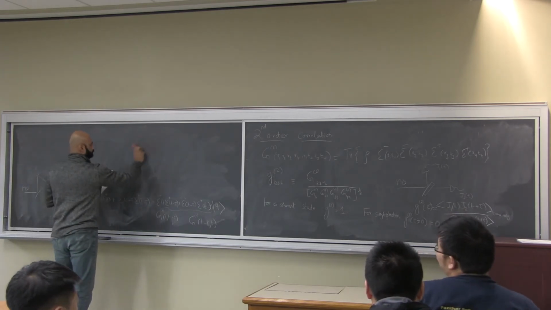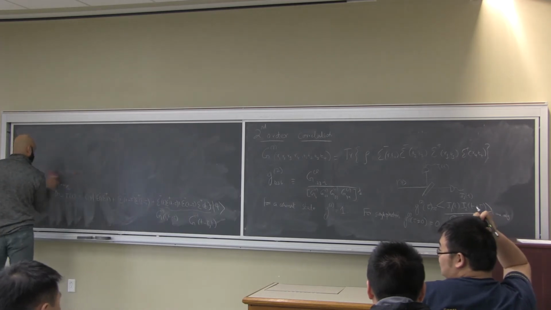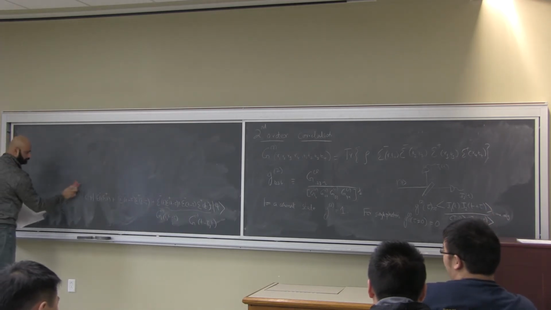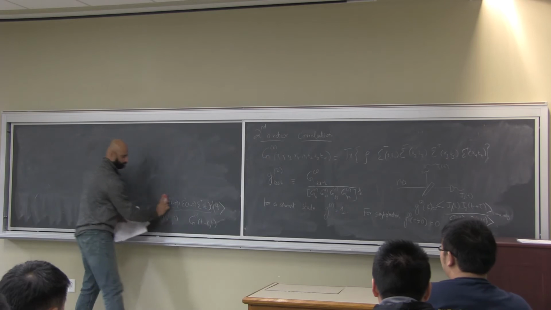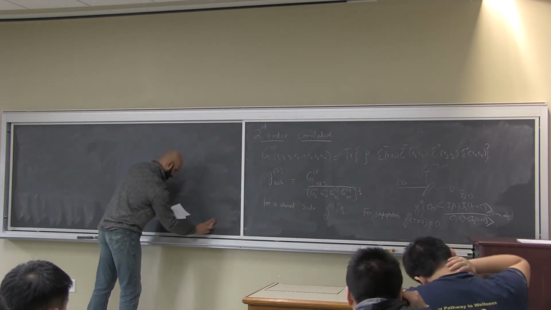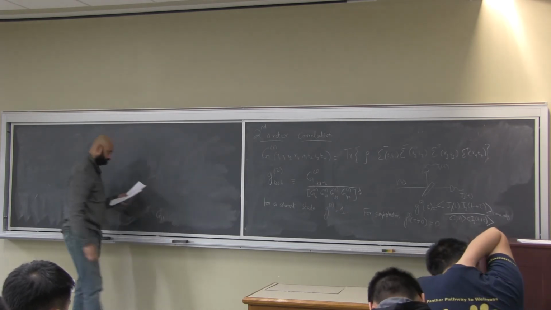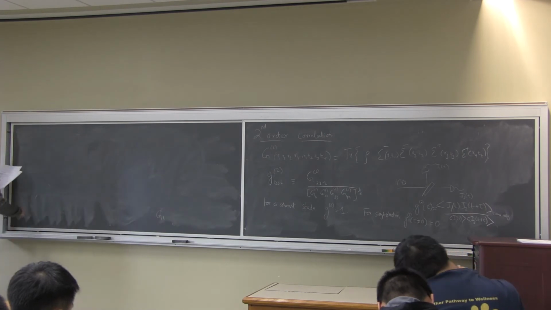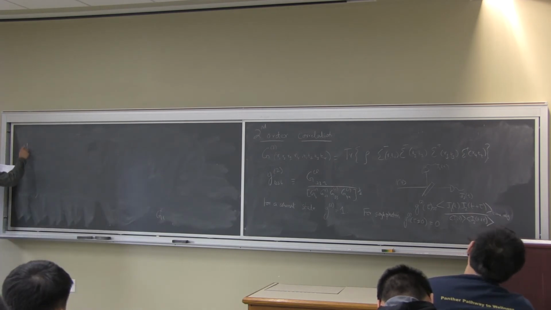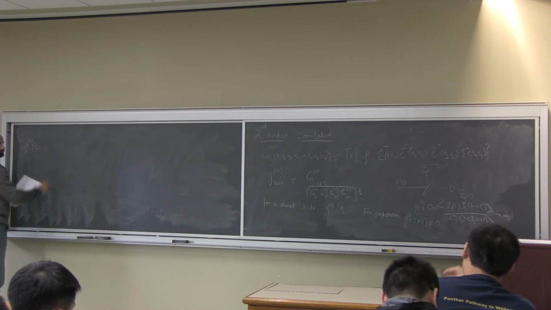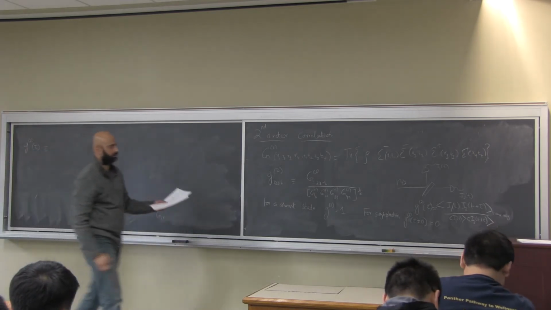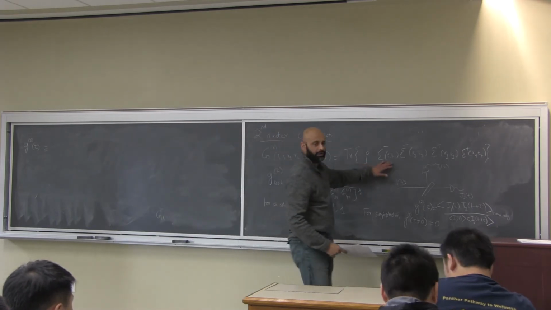So G2 of tau now, not from the experimental side, but from the definition that I just wrote here. You can see this is in normal order already.